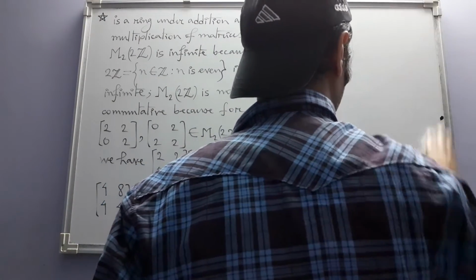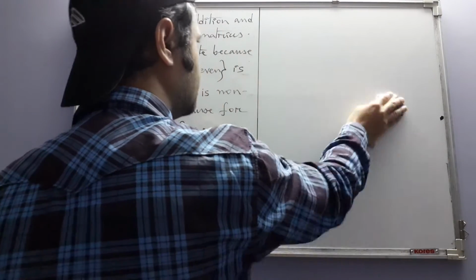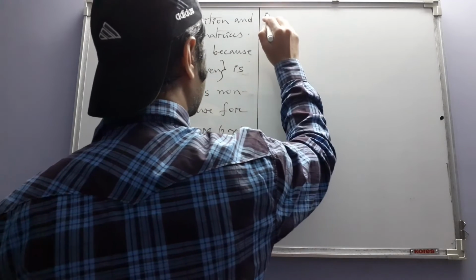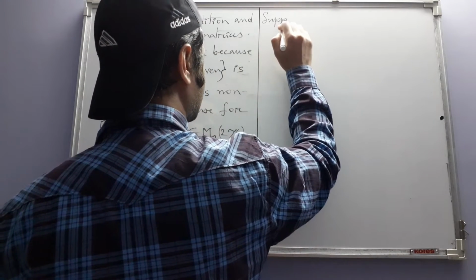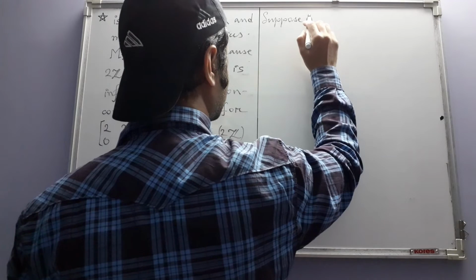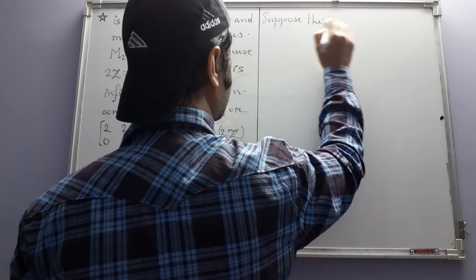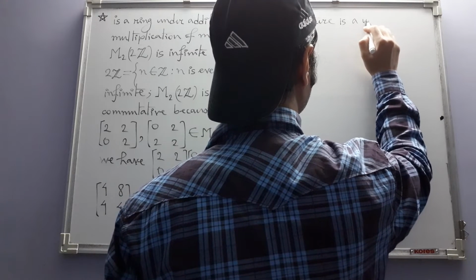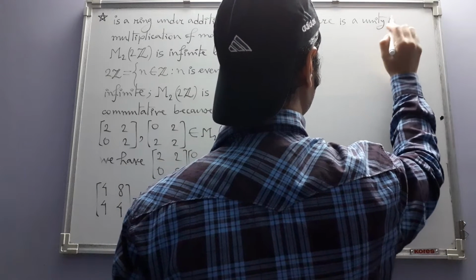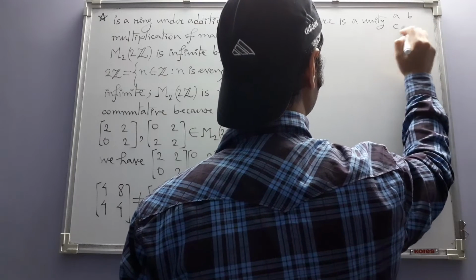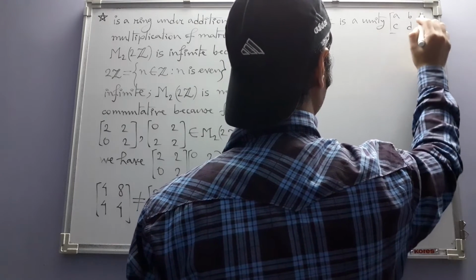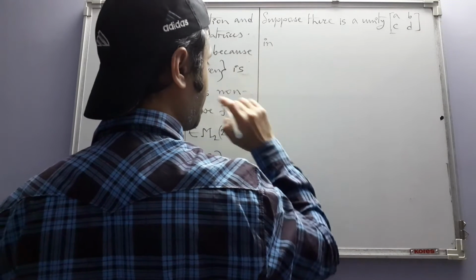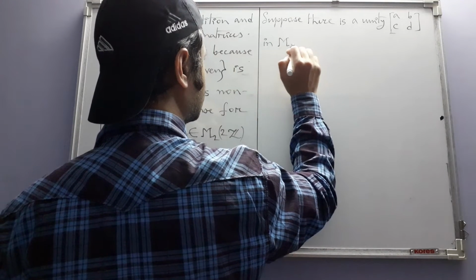Contrary to that, we suppose that there is a unity, and then we arrive at some contradiction. Suppose there is a unity, which is some matrix A, B, C, D in our ring.